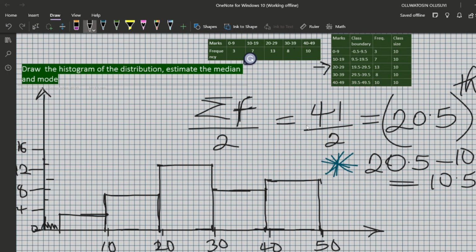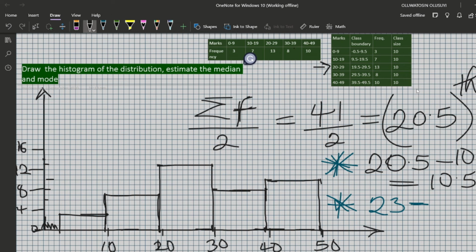Then go to another value. We need another value here. What's the other value? Go and find the cumulative frequency of the median class. 3 plus 7 plus this, 23. So I'm going to write 23 minus, what do we have as the median position?